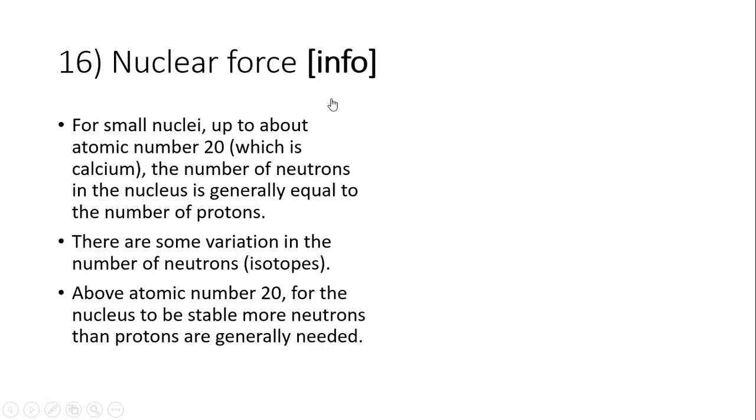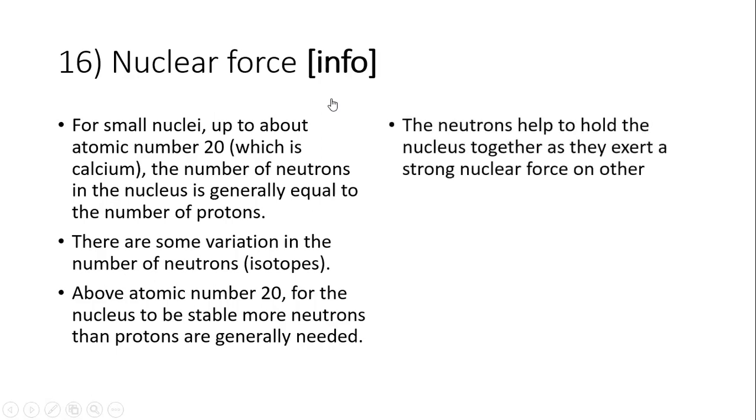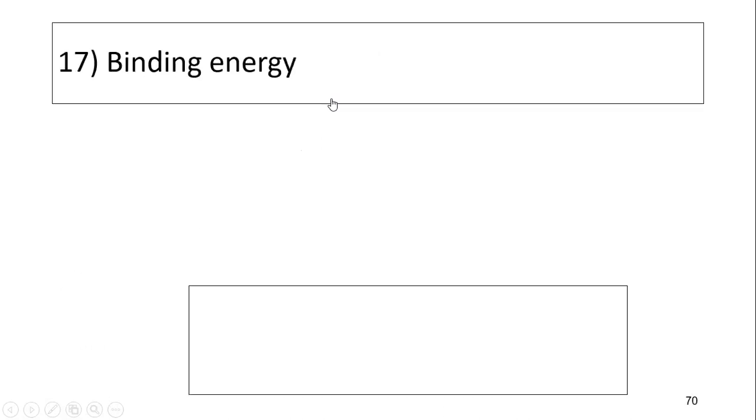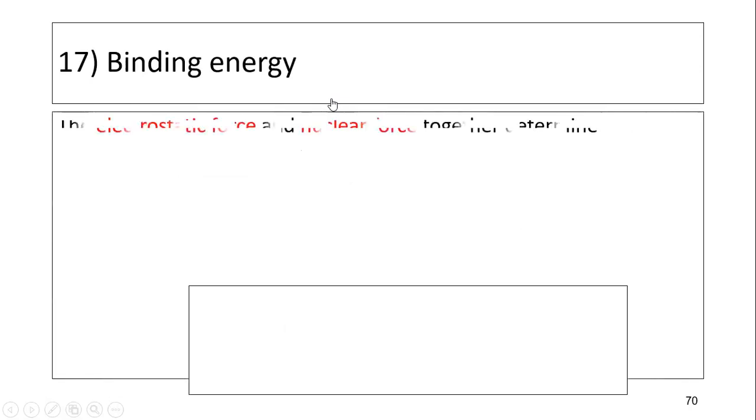The idea is the neutrons provide a separation between proton and proton, so that their repulsive force is not too great, to make it stable. Neutrons help to hold the nucleus together as they exert a nuclear force on other nucleons. They attract the protons, they attract the neutrons. So that's the attractive force. Protons and protons will repel each other. Neutrons act as a spacer, if you like, between the mutually repelling positive charges of the protons. Okay, binding energy.